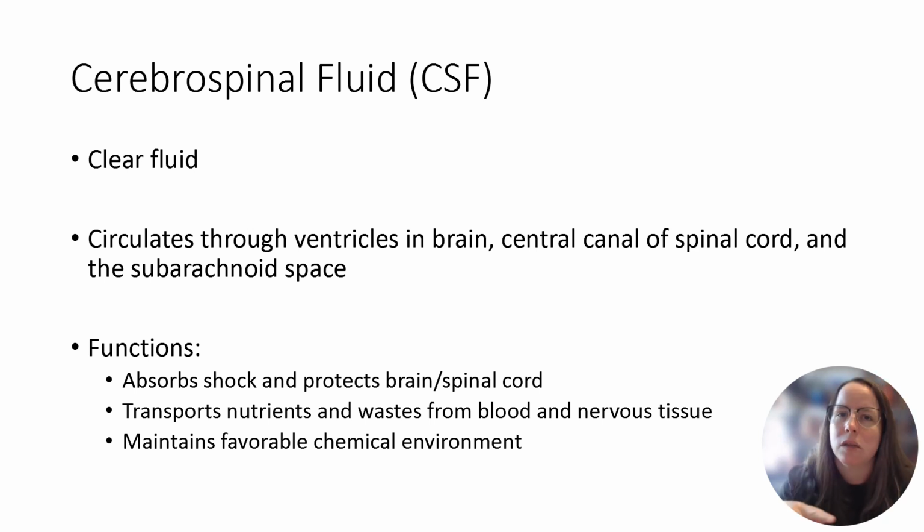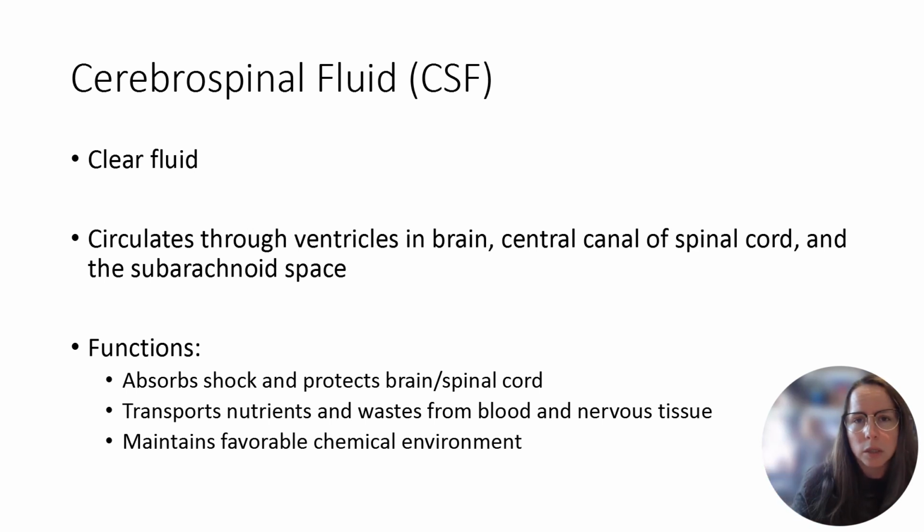And we touched on this in our last chapter, but I just kind of said, you have cerebrospinal fluid. We'll talk more about it. This is basically, it looks like water. It has the composition of plasma-ish. The ions might be a little bit different. But what this fluid does is it's going to circulate both within the brain and spinal cord and around the brain and spinal cord.